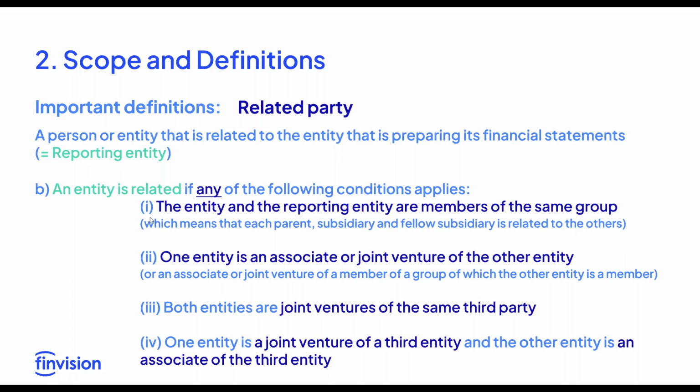Either the entity and the reporting entity are members of the same group, or one entity is an associate or a joint venture of the other entity, or both entities are joint ventures of the same third party. And it can also be that one entity is a JV, a joint venture of the third entity, and the other one is an associate. We will see it more practical with examples later on, and we refer back to these definitions then at that time.